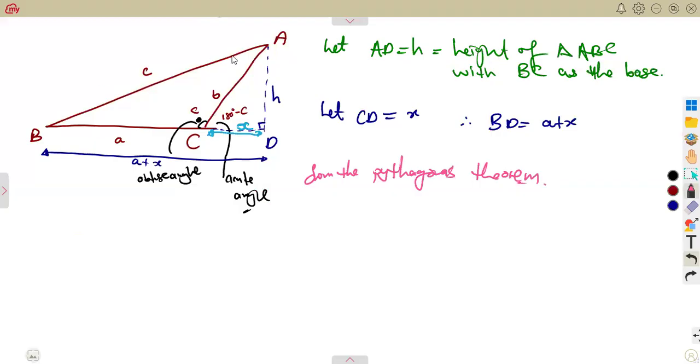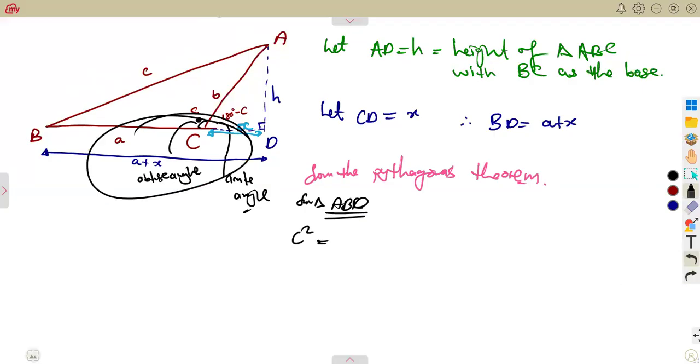In the first triangle, ABD, the bigger triangle that we are given there, the hypotenuse squared, which is C squared, is equal to the shorter side, which is A plus X, so we are going to have A plus X squared plus this other shorter side squared, H squared. This is what we have.